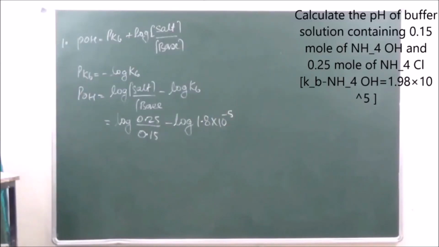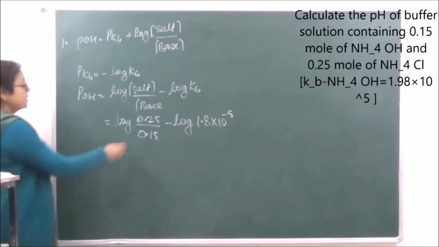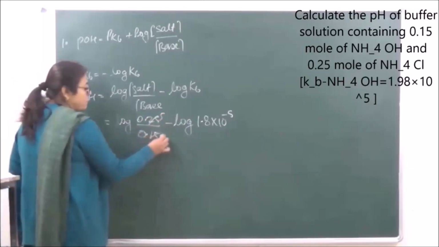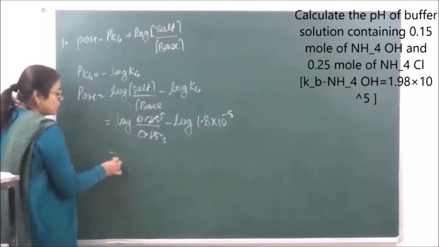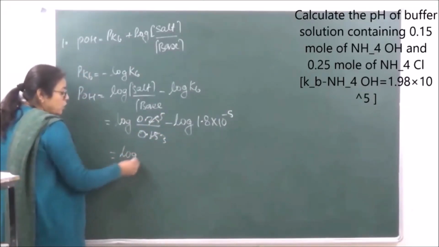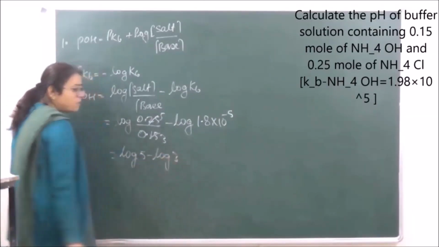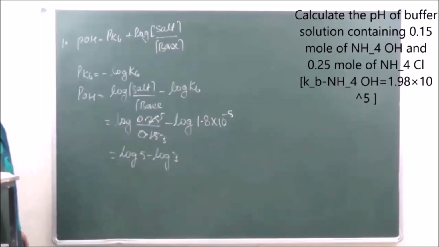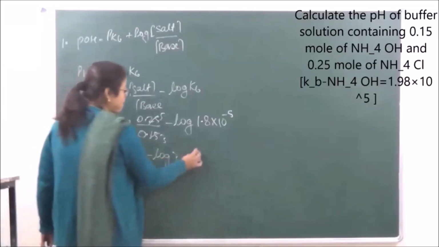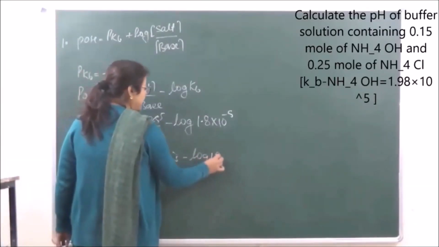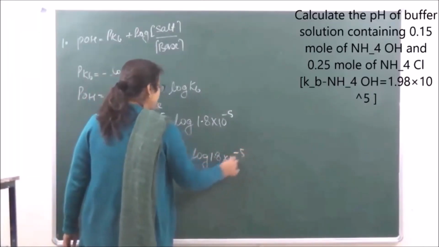How can we do this? We have 5 fives and 5 threes. So this can be calculated as log of 5 minus log of 3 minus log of 1.8 into 10 raised to power minus 5.